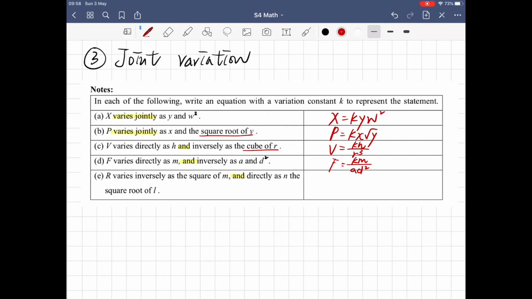So finally, for part E, r varies inversely as the square of m. So we have r equals k over m squared. And next we have directly as n and the square root of l. So for n and the square root of l, we have to put it in the numerator.